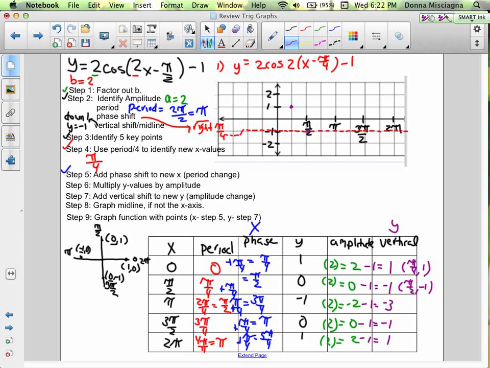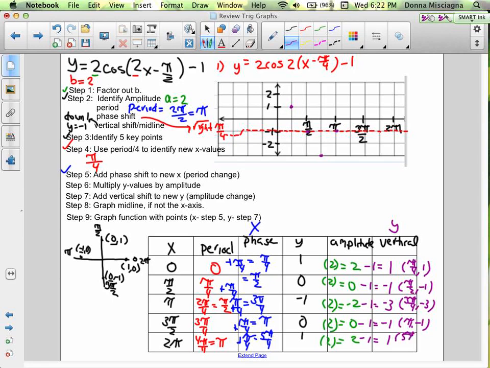Now we have the point 3 pi/4, -3. And so that's going to be right here. And then we have the point pi, -1. And then finally the point 5 pi/4, 1.